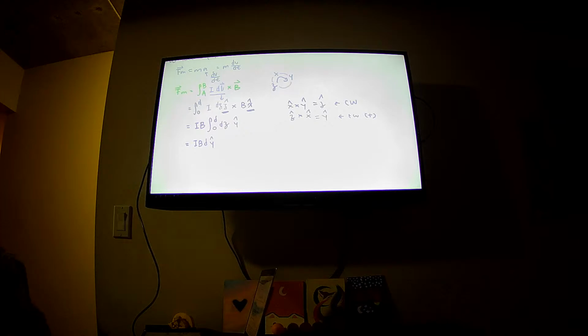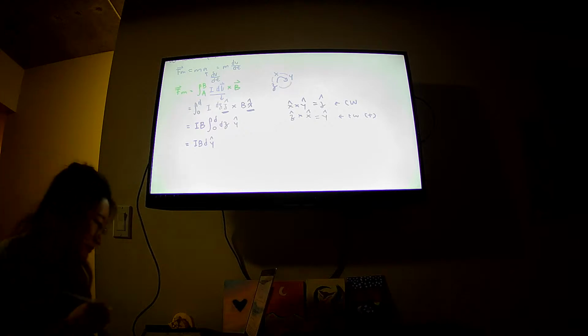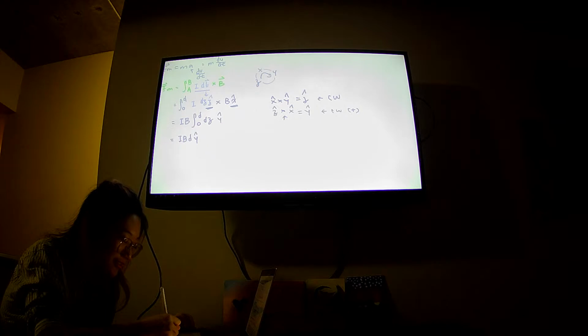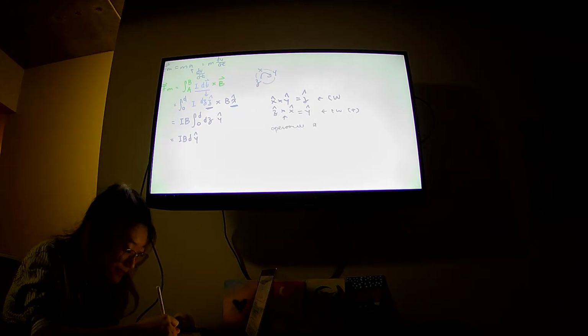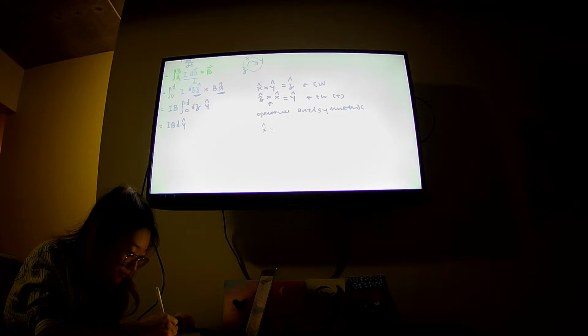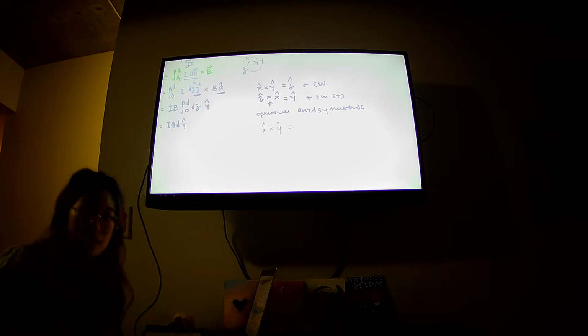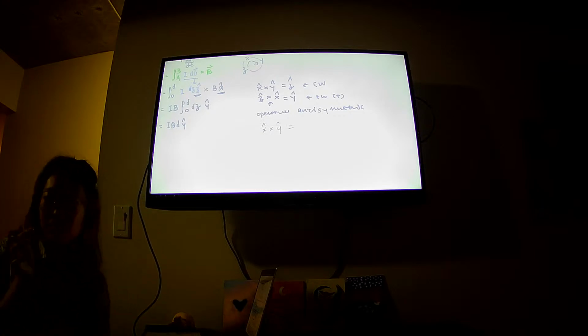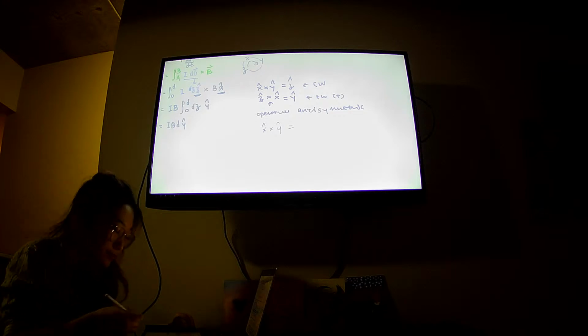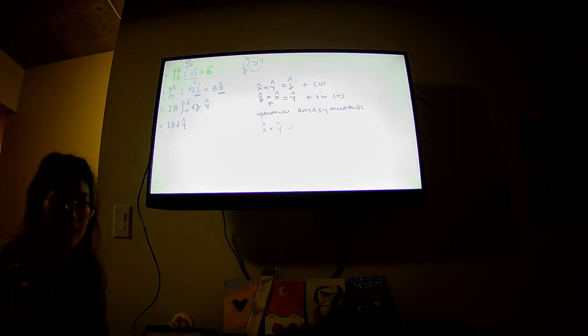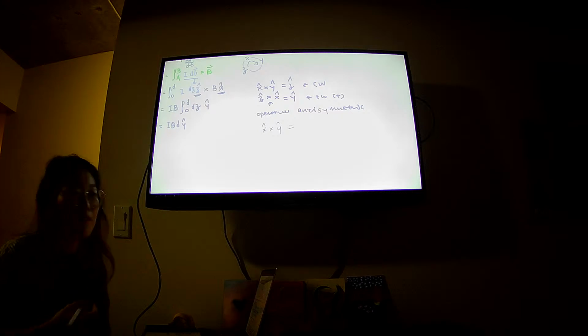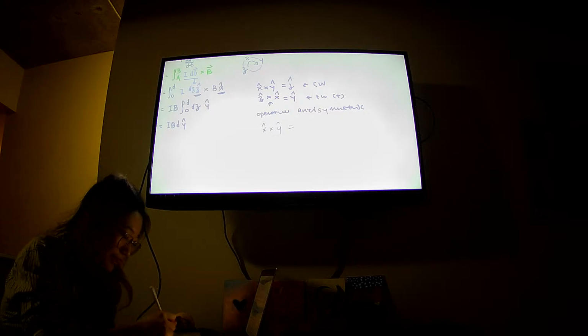If you want to know one thing about the cross product, it is that this operation is anti-symmetric. That means the commutative property doesn't work. Usually when you multiply x by y, you want it to also be y times x, but because of anti-symmetry, it's actually the negative.